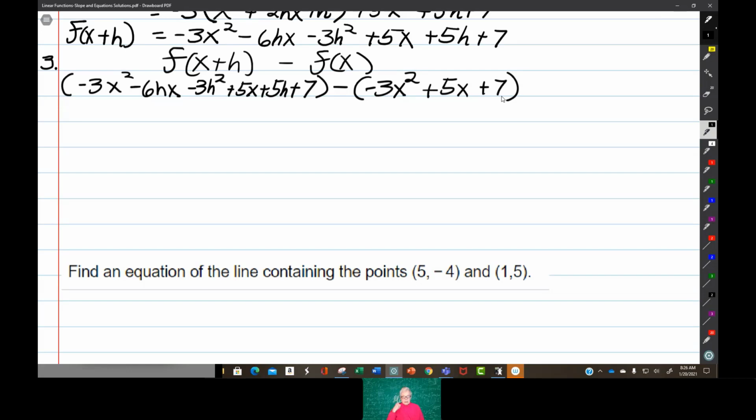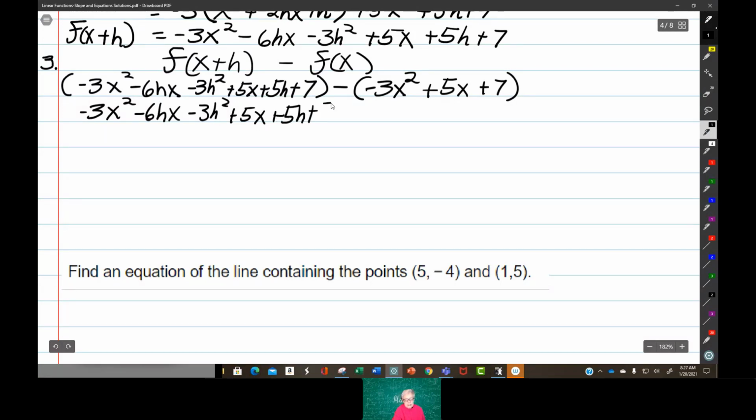We're almost done. Okay, negative 3x squared minus 6hx minus 3h squared plus 5x plus 5h plus 7. Distribute the negative sign.